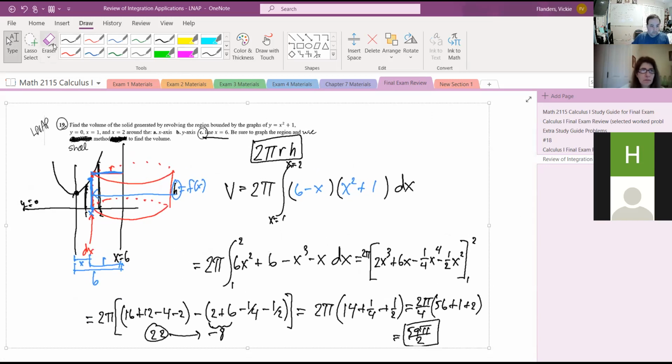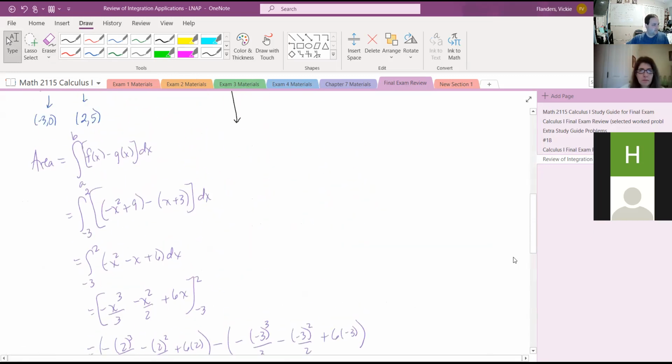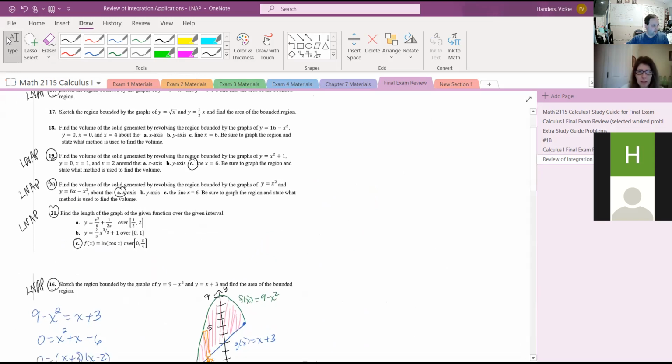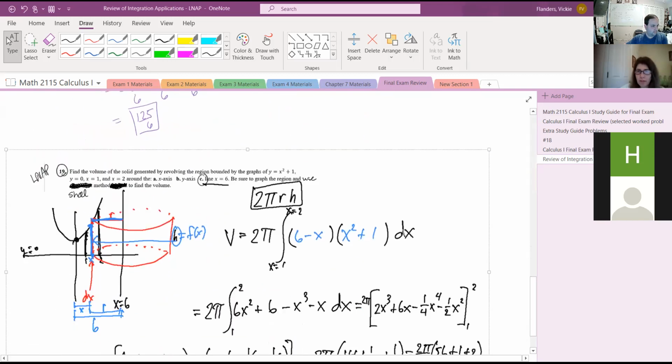X squared plus 1, from a equals 1 to 2. And do we have any questions while Mr. Simon is doing that? Does anybody have any questions about it? This is what we're doing this week. So it's good of you to come in. I chose 4 problems because that's what you have on the final.